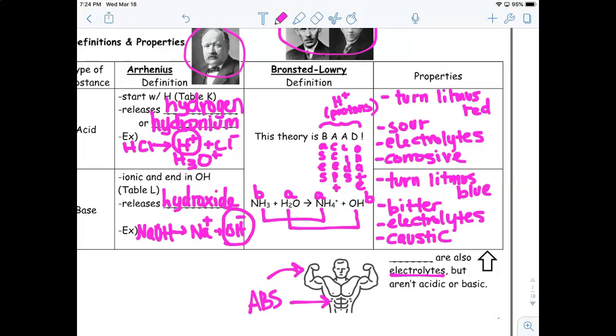So from now on, you're going to start seeing questions: which of the following is an electrolyte? If it's an acid, that could be an answer. If it's a base, that could be an answer. The S in electrolyte, or in abs, stands for salt, which is another word for just a regular ionic compound. So all three of those things could be acceptable answers.